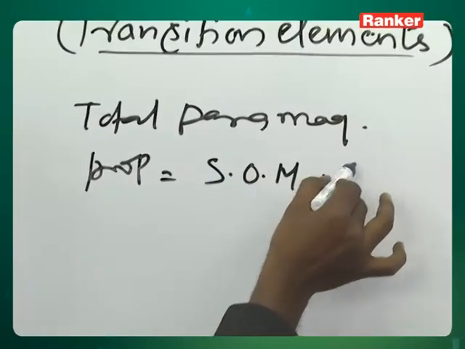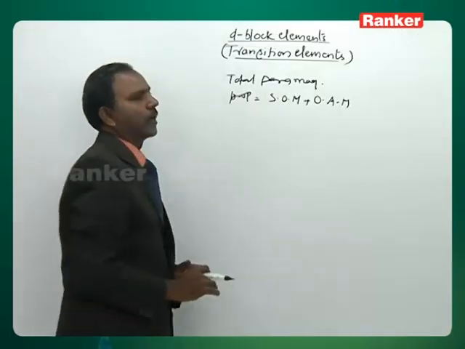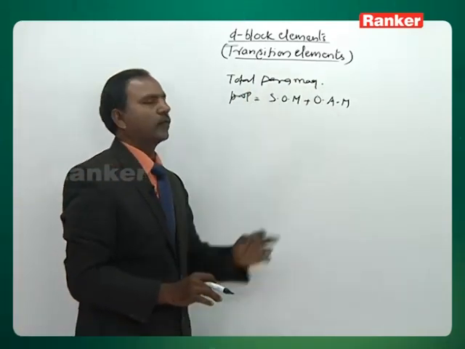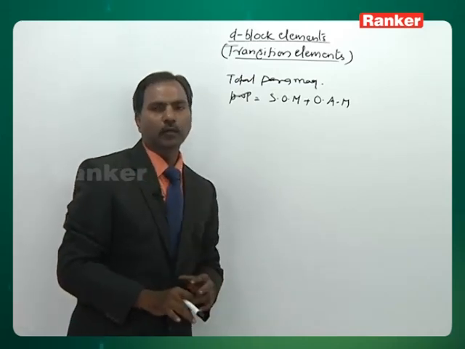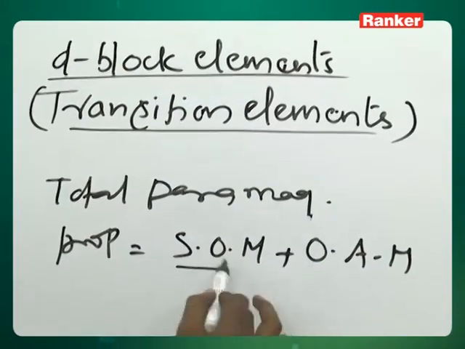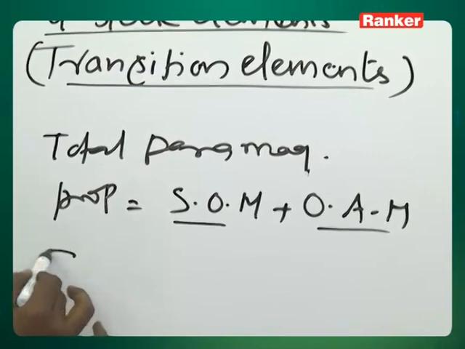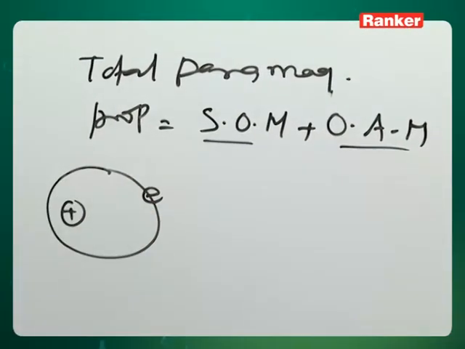So it depends on two factors: spin angular moment and orbital angular moment. What are spin angular moment and orbital angular moment? Consider an electron revolving around the nucleus.